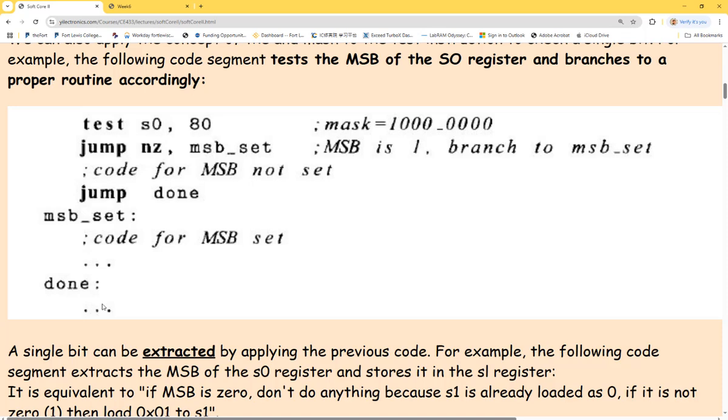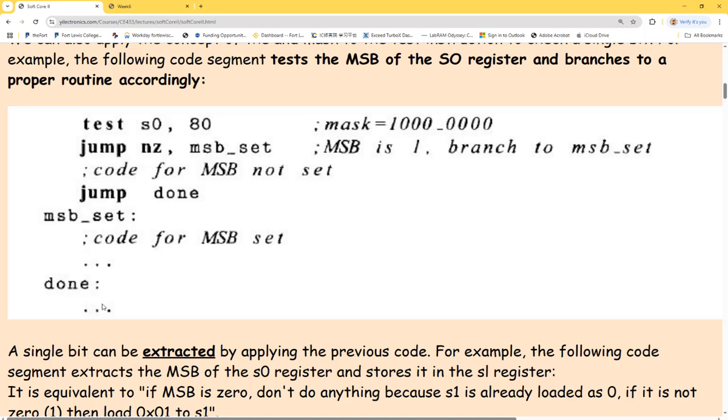Start writing jump Z, comma, and a label. Because the question is asking if the result is 0, whenever Z is 1, it jumps to another address. You can name the address whatever you want.